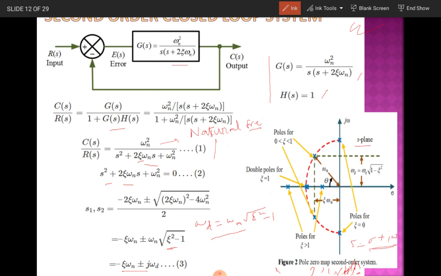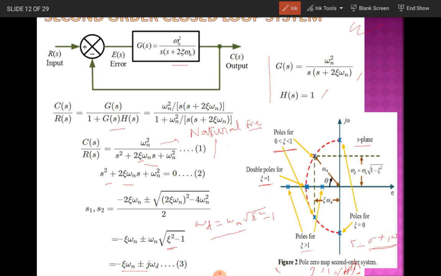The x value is minus delta omega_n, whereas the imaginary part is omega_d. Marking this, you will get the point. By varying delta, it can be varied from 0 to 1, or be greater than 1, or maintained at 0 or at 1. There are different cases.